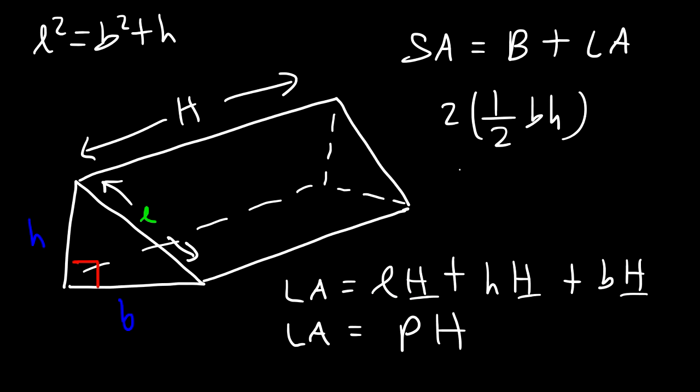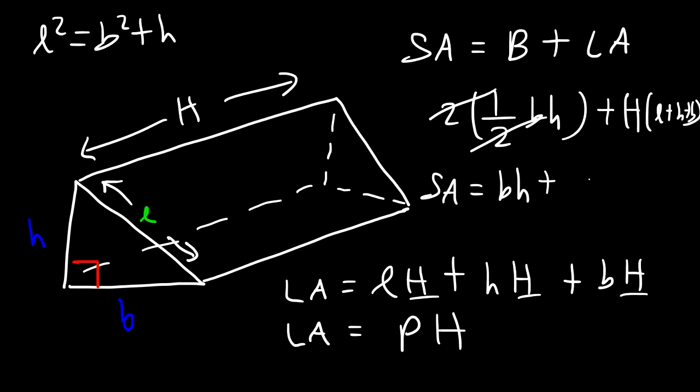So for this particular example, the lateral area is capital H times L plus h plus b, and I'm running out of space. So thus we have the surface area is B plus the quantity L plus h plus b times the height of the prism.